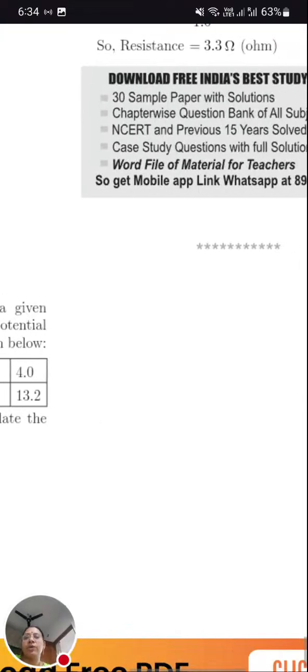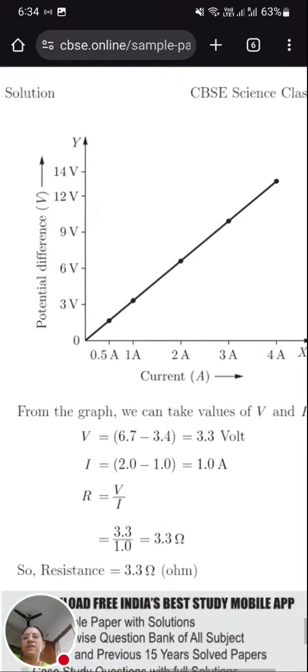So first we need to plot it. For plotting, always current will be on the x-axis and potential difference will be on the y-axis. Now, how to calculate?